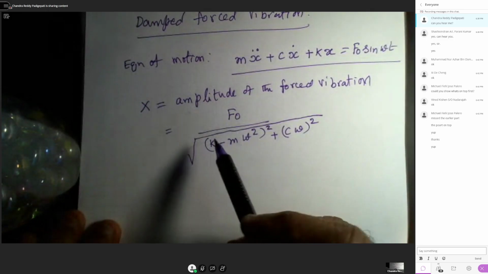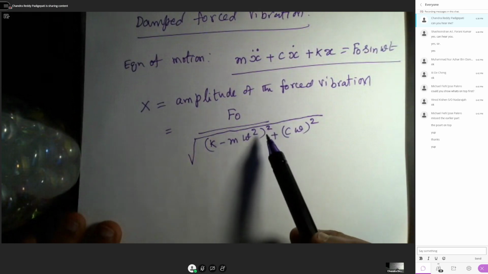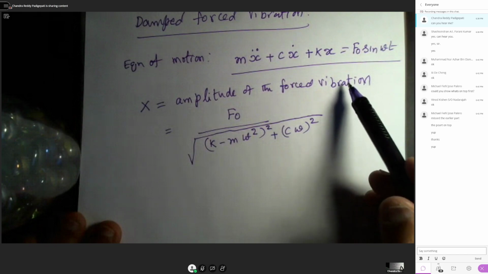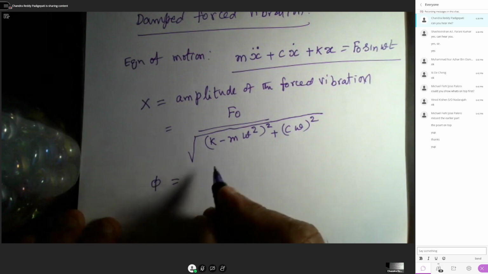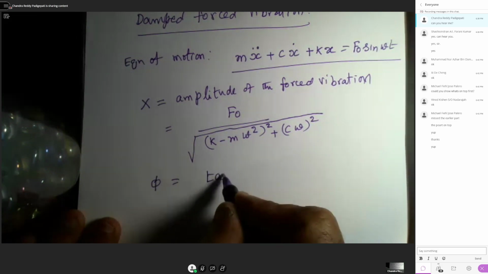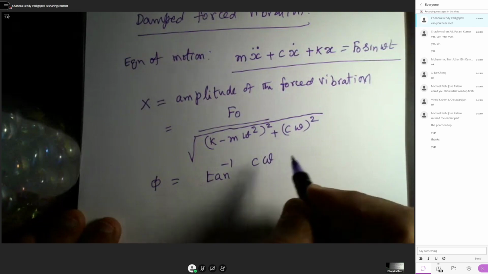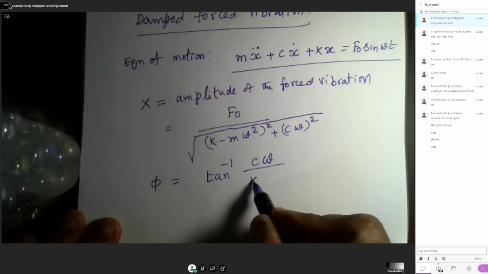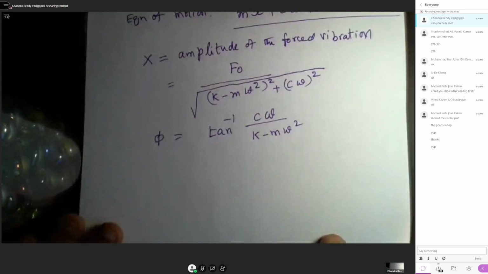So the amplitude can be written like this, and amplitude is part of the response of the system. The phase phi can be written as tan inverse of c omega over k minus m omega square.